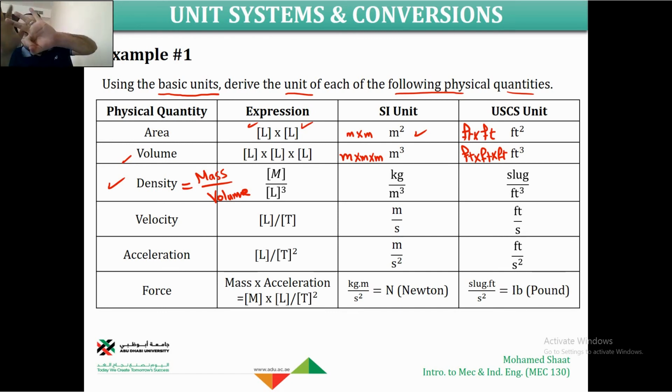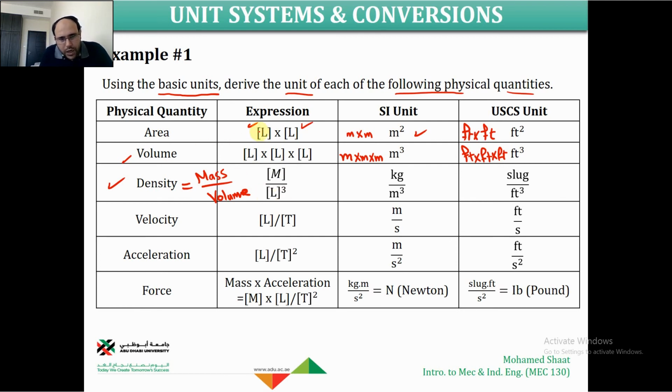Remember that we're gonna focus on 3 base units, the basic quantities, which are the length, the mass, and the time. So the mass cannot be broken down. But the volume is a derived quantity that can be formed as multiplication of 3 lengths. So we can write this density as mass divided by L cube.